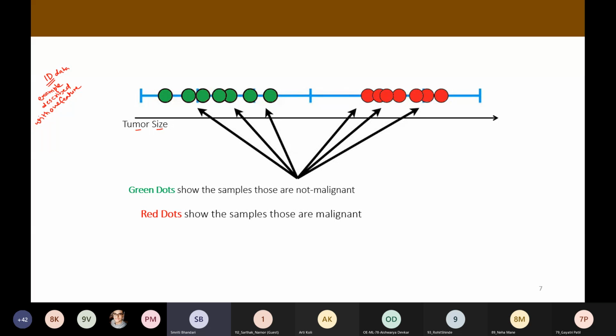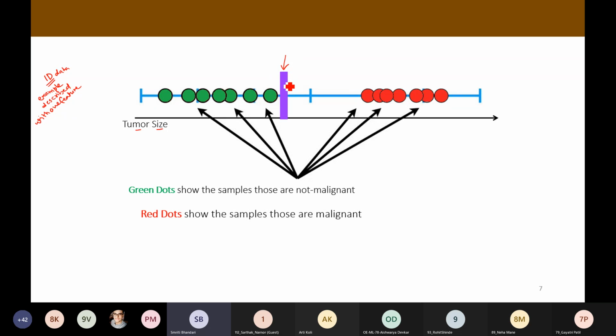Now what are we going to do next? Suppose we want to classify these samples into these two classes, malignant and non-malignant. Obviously, we need to come up with some threshold, some decision boundary. Whatever purple block you are observing here is my decision boundary, or a threshold. Why am I saying this is a threshold? Because right now we are talking about one-dimensional data, so this decision boundary is simply a threshold.